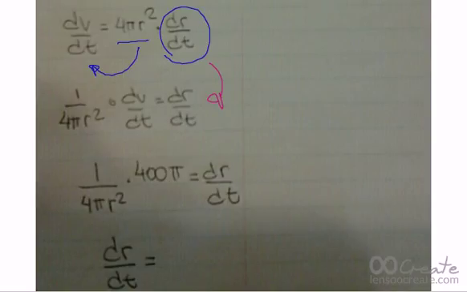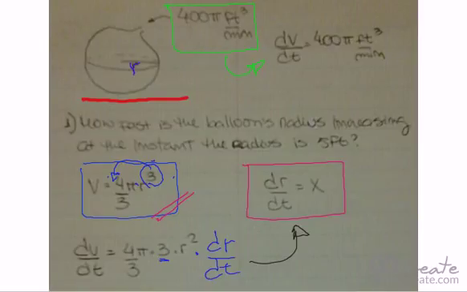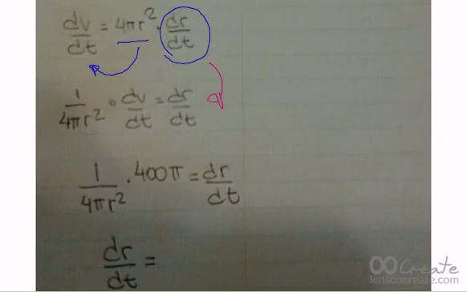If you remember from our first slide, we know that dV/dt is 400 pi. I'm going to replace it over here and then divide by 4 pi r squared. Pi is gone, pi is gone.